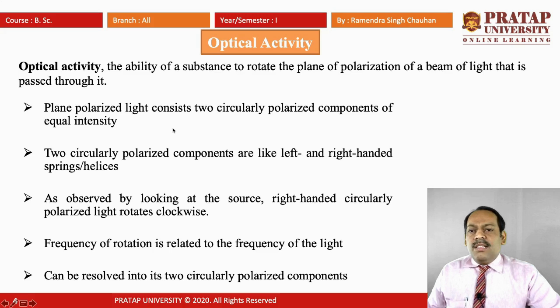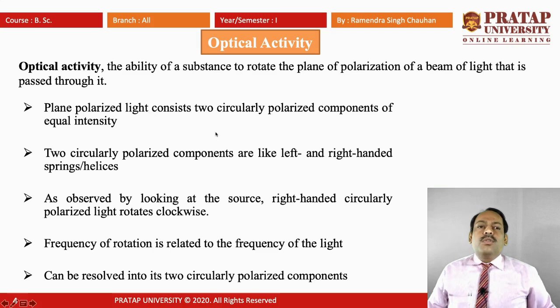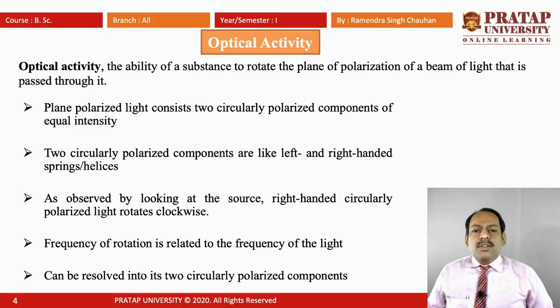We can say that any polarized light, or more conventionally plane polarized light (PPL), is composed of two components, and these components are circularly polarized. When it is passing through any active medium, rotation takes place.